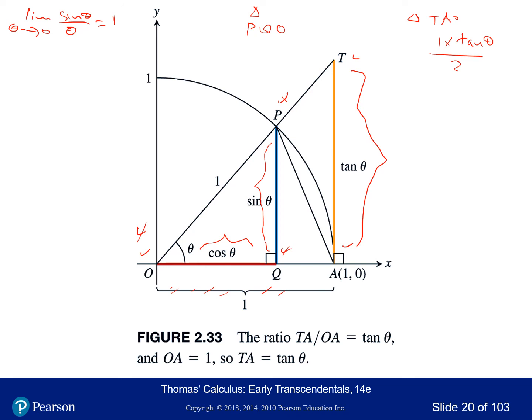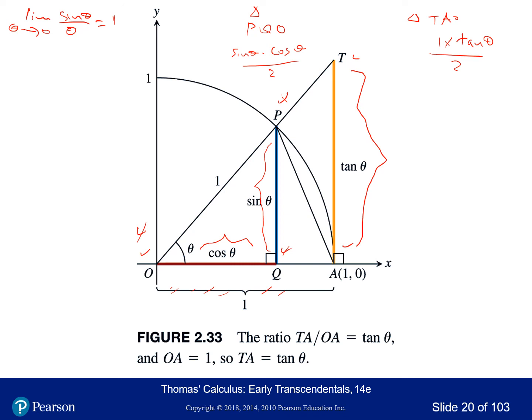So we can say that the area of this is sine theta multiplied by cosine theta divided by 2, because the base times the height divided by 2, that's the area of this.